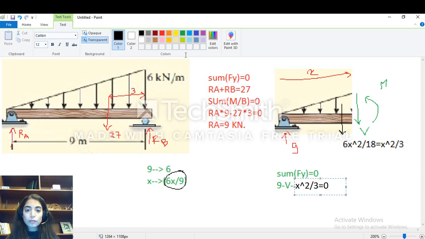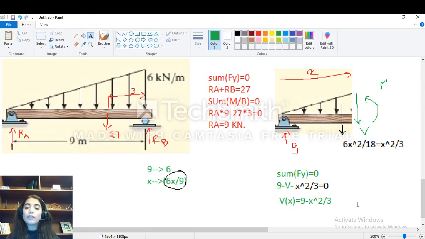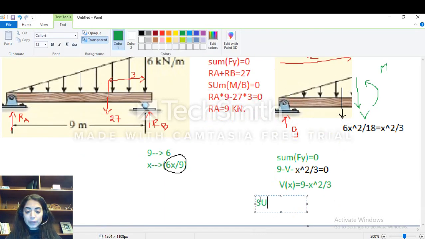And this means, guys, that V of x is equal to 9 minus x squared over 3. So this is basically V of x, and I will also apply the sum of moment in order to find my M of x. So sum of moment around x is equal to 0.